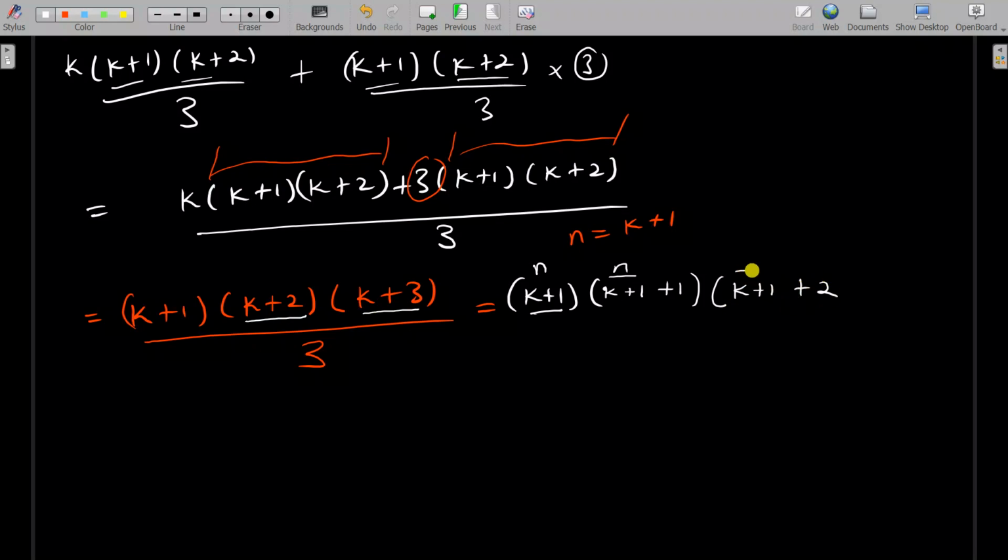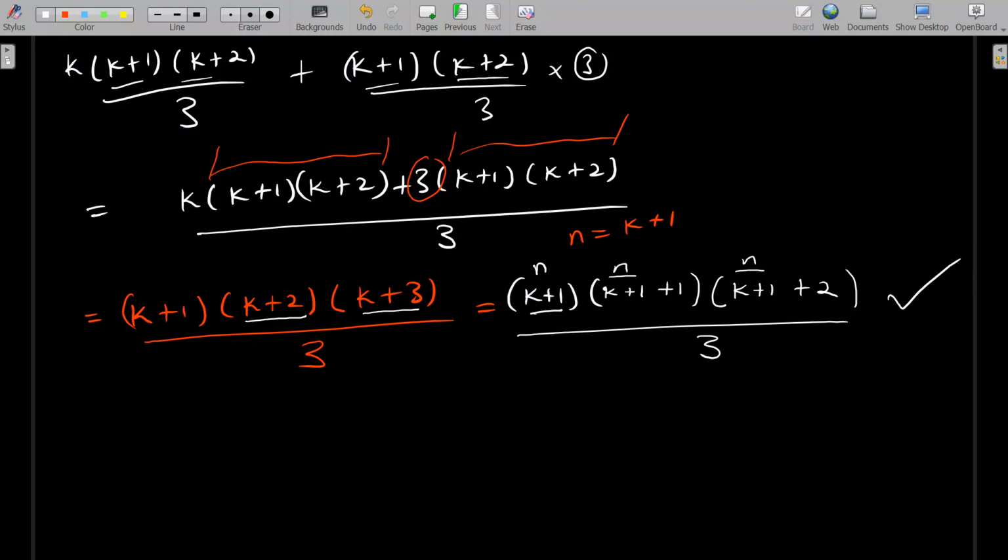Notice that our new n again is k plus 1, all over 3. So when n equals k plus 1, we've been able to prove that the expression on the left can be rewritten as k plus 1 multiplying k plus 1 plus 1 multiplying k plus 1 plus 2 all over 3. And so this has been simplified into the expression that we want, right?